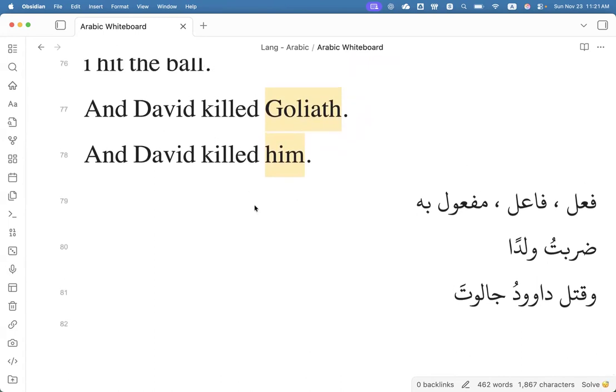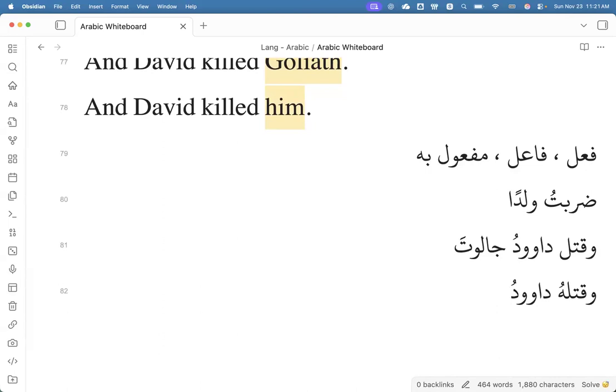The verb is still killed. The change is for the him. So what I would say is وَقَتَلَهُ دَاوُودُ. This becomes maf'ul bihi. And Dawood killed him.